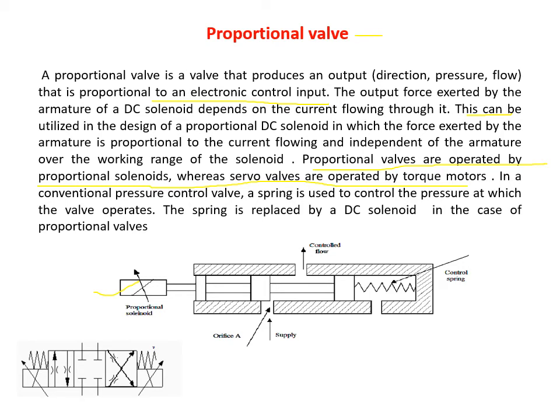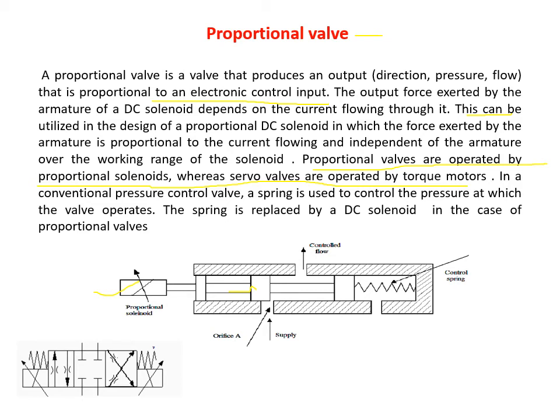The spring is replaced by a DC solenoid in the case of a proportional valve. A DC solenoid, which can be easily controlled by using simple pulses of electric current, is used to drive the valve spool. And this is something which differentiates the proportional valve from the normal valve as well as from the servo valves which we have studied.